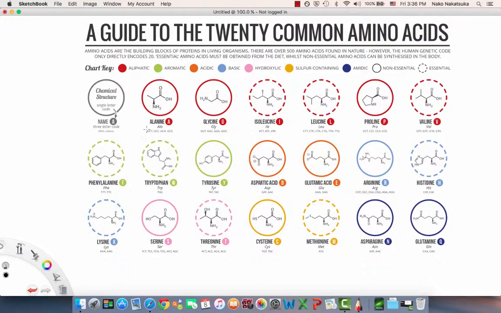As you can see, if we go through each of these structures, they only differ by one thing. For example, in the case of alanine, it has a methyl group right here as the R group. In the case of glycine, they don't draw it on here for you, but it's a hydrogen for the R group. In the case of isoleucine, it's this part.